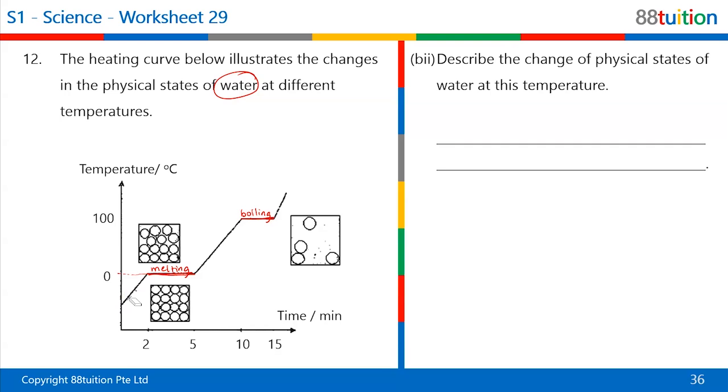So it is in the solid state. So yes, solid state is reflected here. This is also ice. Now, when the temperature gradually increases up to 0 degrees Celsius, the ice will start to melt. This is the melting point.